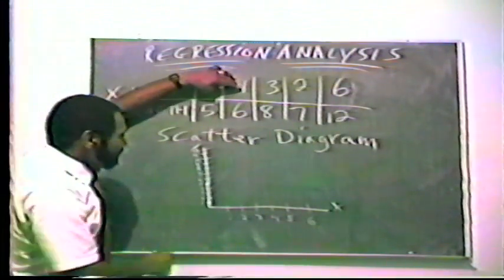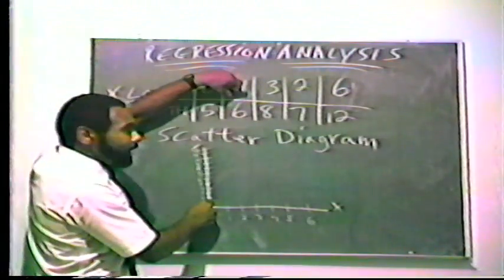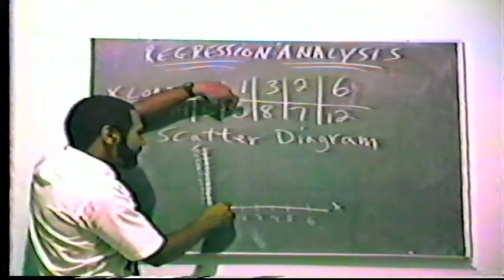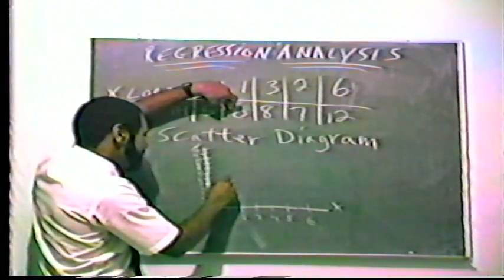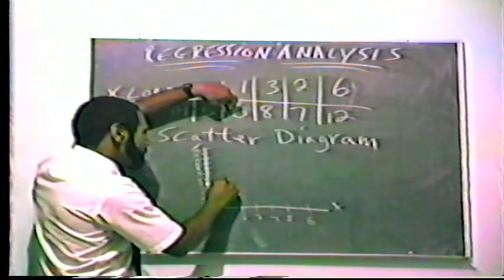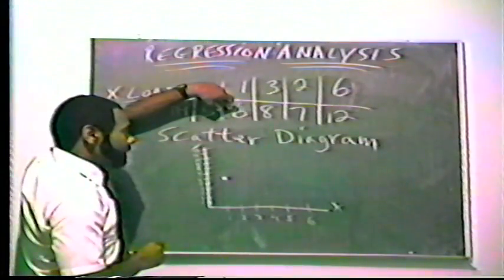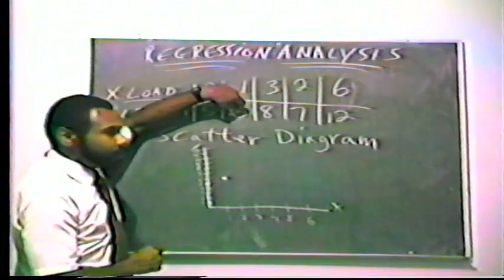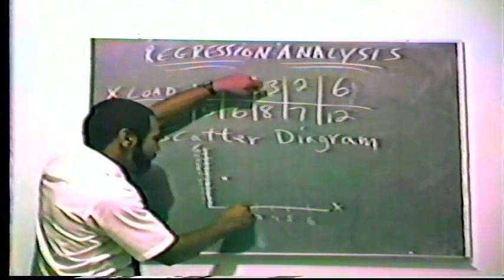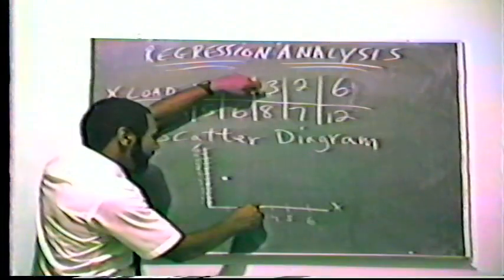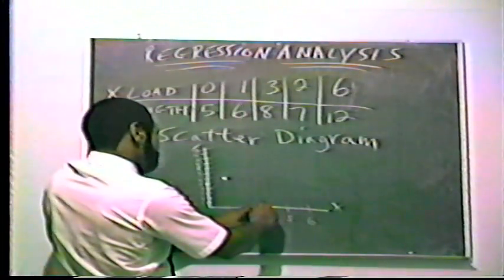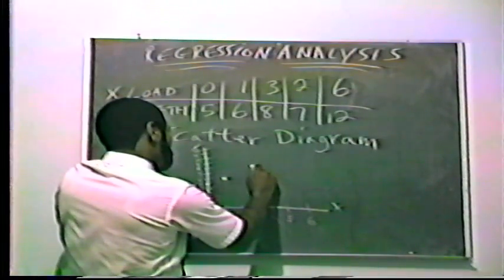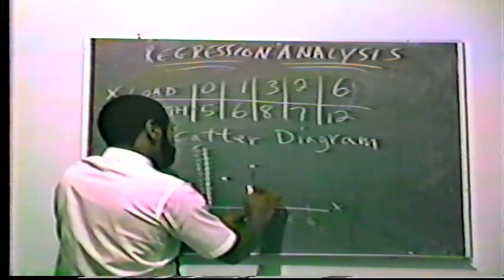For the next point, you start at the origin. You go 1 to the right because x is 1, and then you go 6 up because y is 6, and you put a point there. So for each pair of numbers, you will have 1 point. For the next point, you go 3 to the right for x, and you go up to 8.